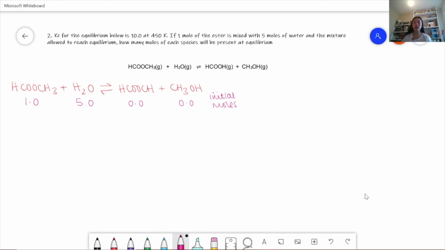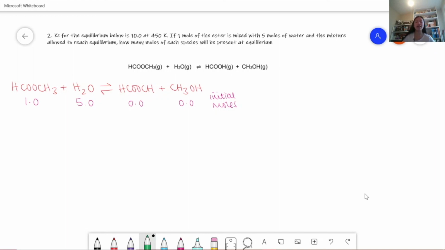And then we actually don't know how many equilibrium moles we have of one of the species, so we just have to label it X. So first I'm going to label what we're adding and what we're subtracting. Because the products start off at 0, that means they can't lose moles, they have to gain.